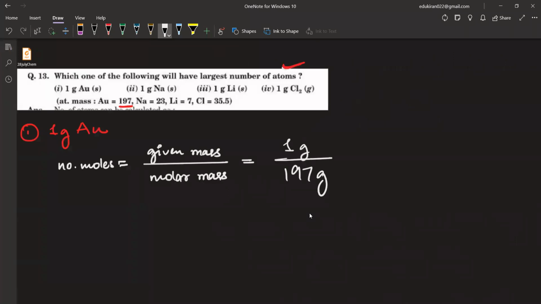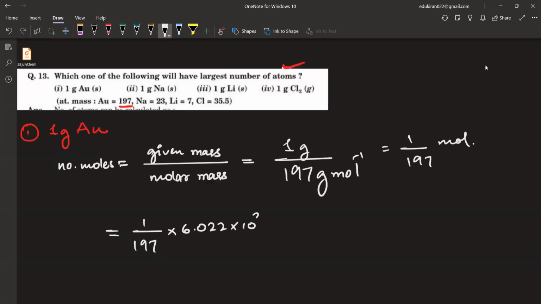197 grams per mole. You will keep it like this. You will not convert it to anything. And this will be giving you number of moles, which will be equal to 1 upon 197 moles. And you remember what is mole? It is 1 upon 197 into 6.022 into 10 to the power 23.